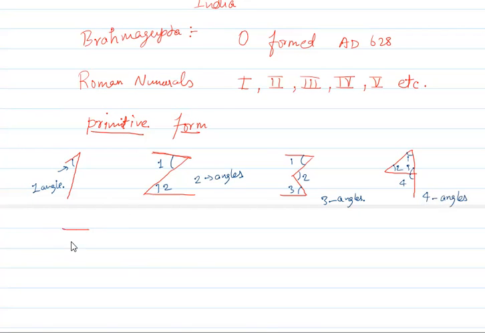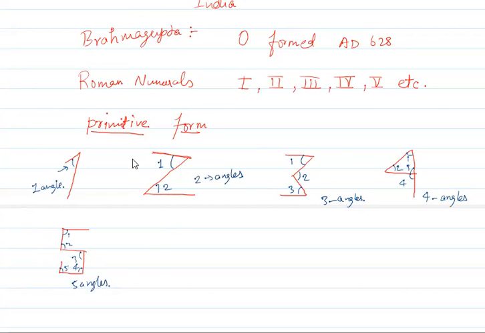Similarly, friends, we have 5. The primitive form looks like this. Now count the number of angles. This is 1, this is 2, 3, 4, and this one is 5. So 5 angles.